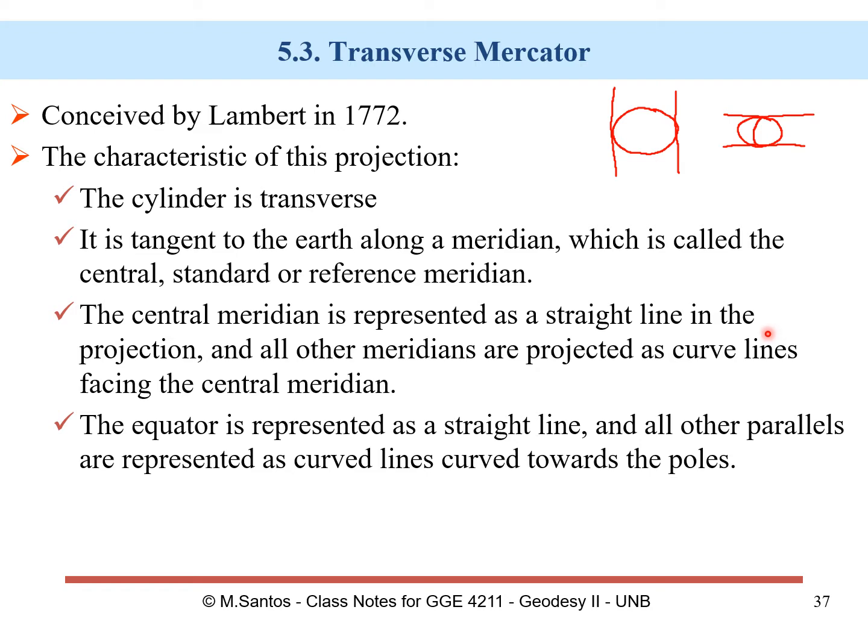It is projected as a straight line. And all other meridians are projected as curved lines facing the central meridian. So this is the central meridian. Here's how the meridians look like.